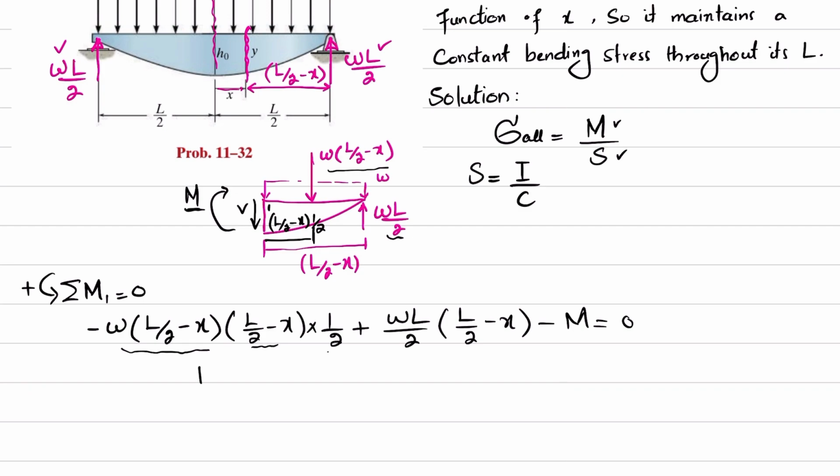So this moment will be equal to minus W by 2 into (L by 2 minus x) whole square, plus W into L by 2 into (L by 2 minus x).